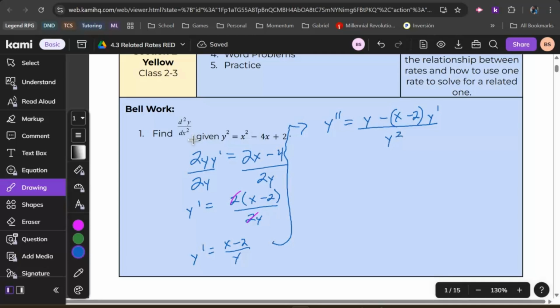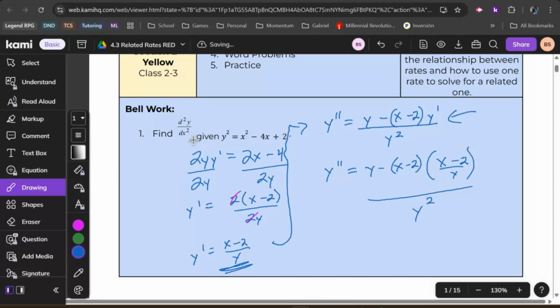Now, we're kind of done, but a better way would be to take this, which is y prime, and plug it into there. So we're going to get y double prime is equal to y minus x minus 2 multiplied by x minus 2 over y, and then the whole thing's over y squared.